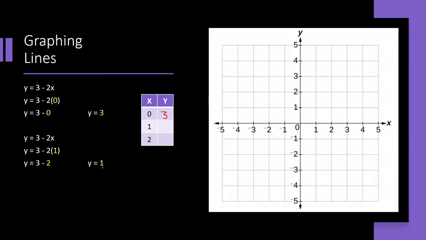So therefore, y is equal to 1. And also I can say that when x is equal to 1, y is equal to 1 as well. Very nice. Let us do the last step here of our box.